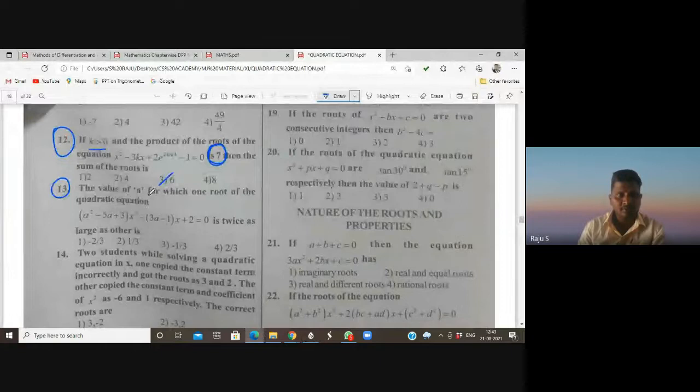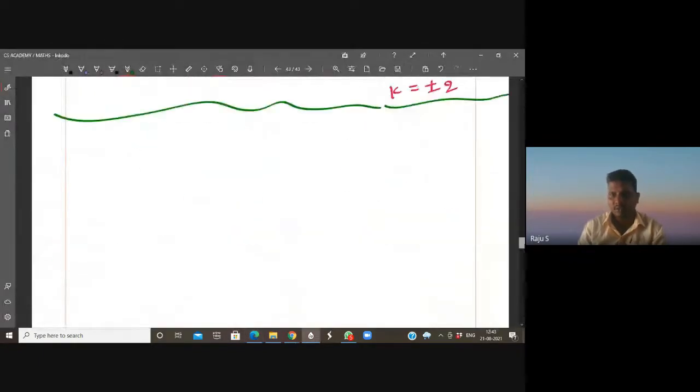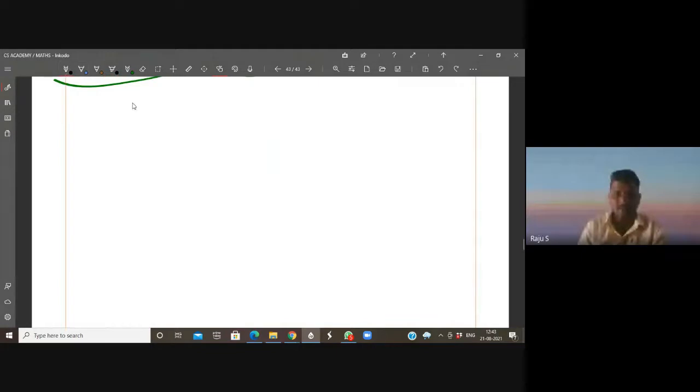See here, next one is, for what value of a, one of the roots of the quadratic expression is twice as large as the other. See, if I take one of the roots as alpha, then what is the other root? 2 alpha. That's it. One of the roots is alpha, then beta becomes twice of alpha.